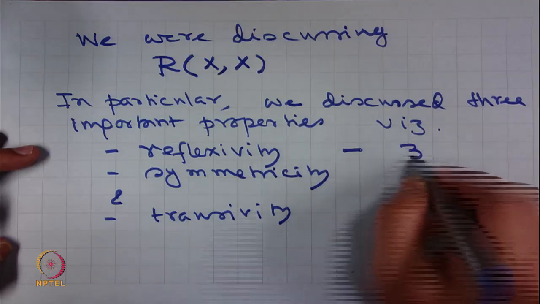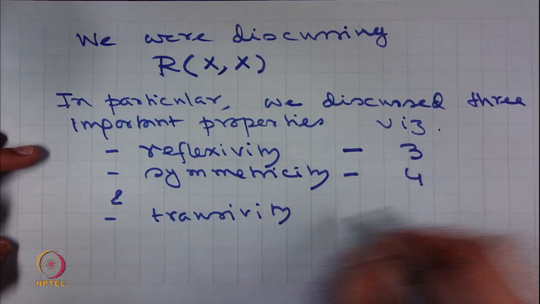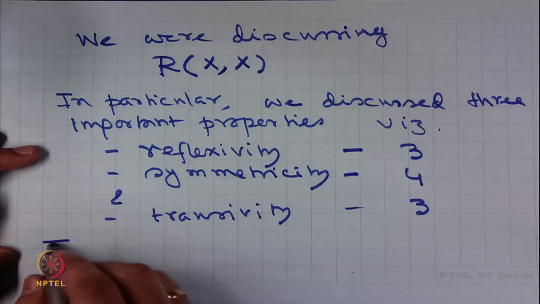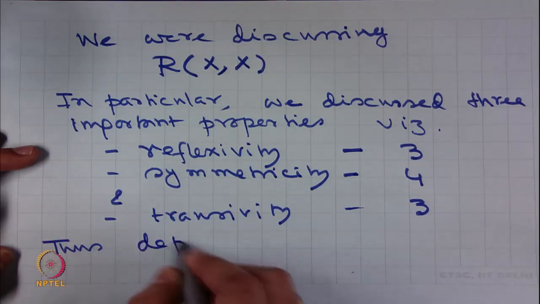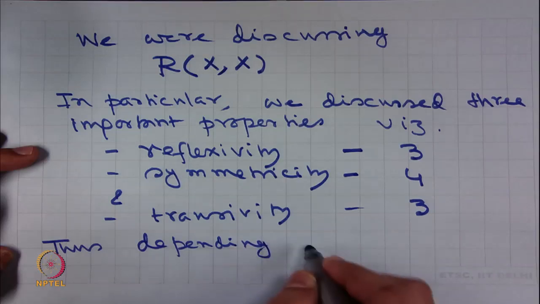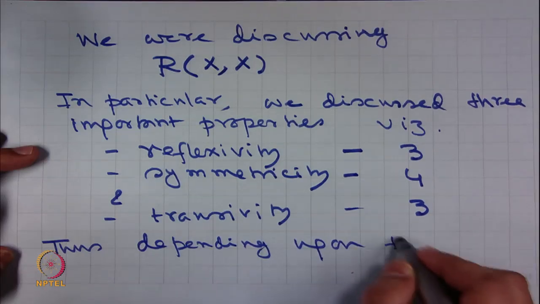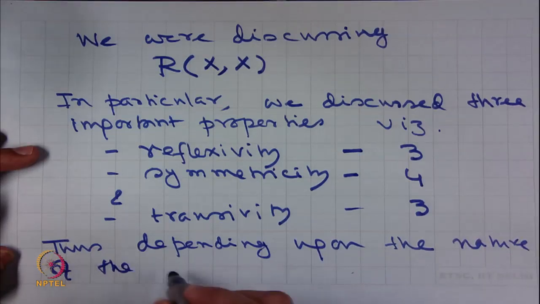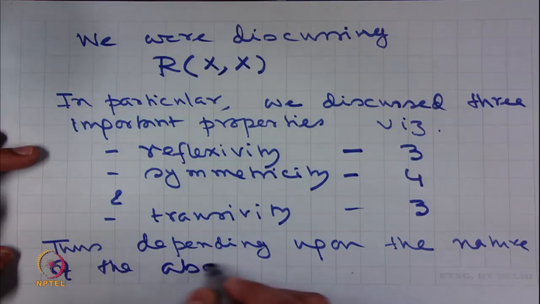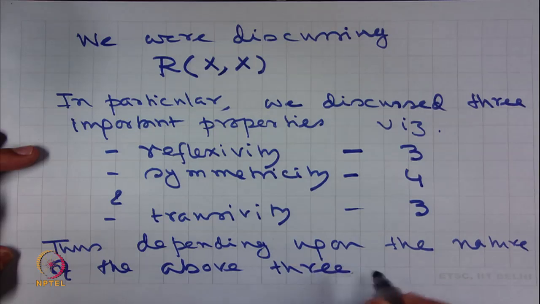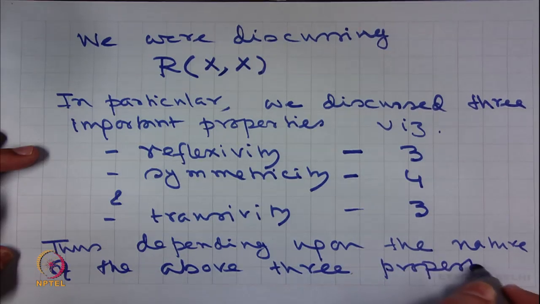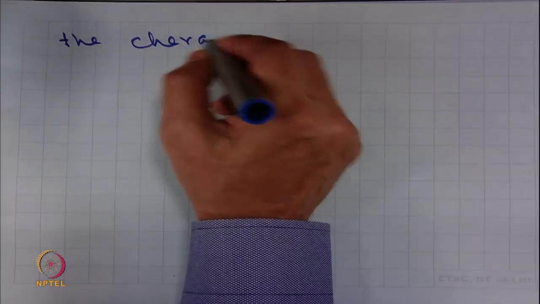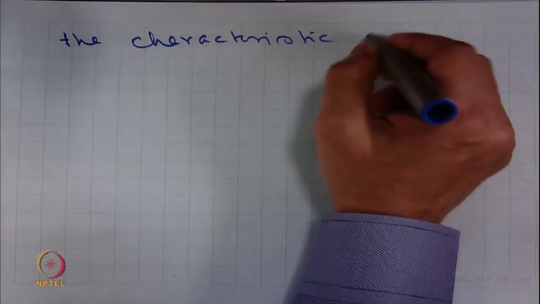Reflexivity has 3 variations, symmetricity has 4 variations and transitivity also has 3 variations. Thus, depending upon the nature of the above 3 properties, the characteristic of the relation is defined.